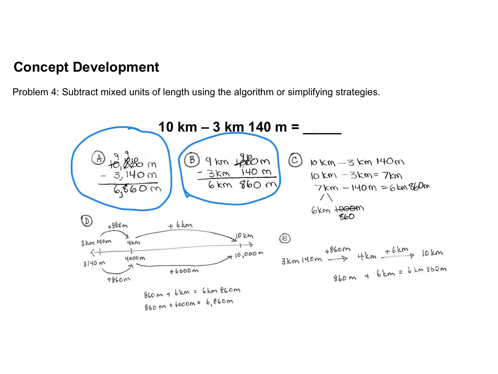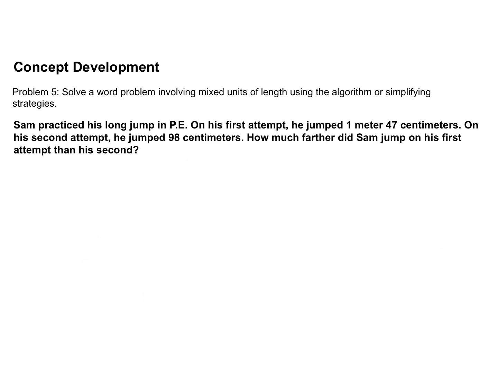The third way, they started with 10 minus 3 kilometers was 7 kilometers, and then they kind of played with it, did 7 kilometers, 1,000 meters minus the 140, so they got the answer that way. Or you could have drawn a number line and figured it out those two ways. So those are different ways that you could approach that.